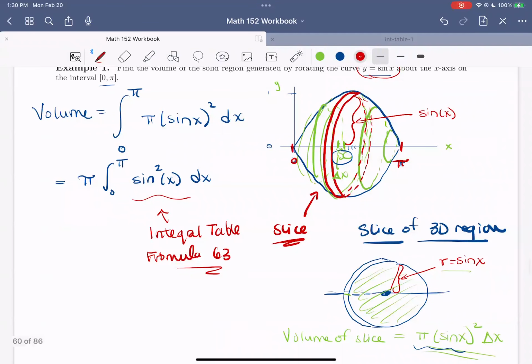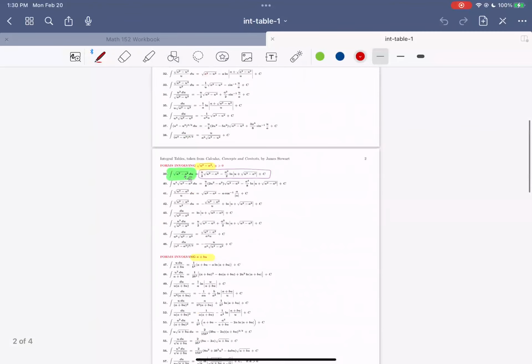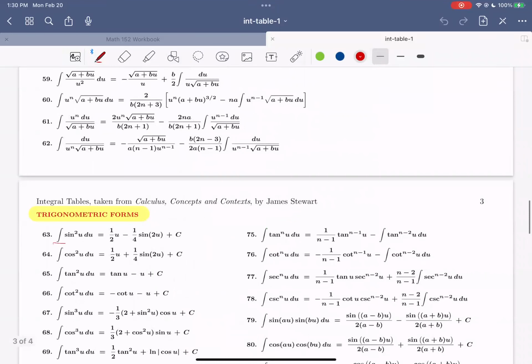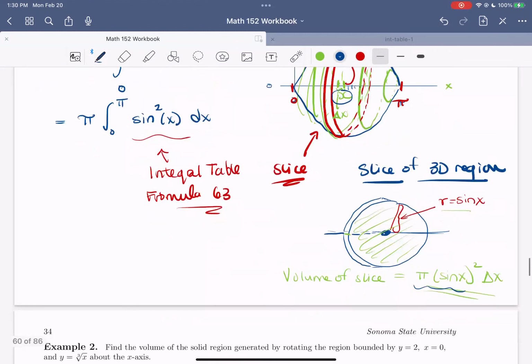We can go ahead and refer back to that integral table. So we see 63 is sine squared u. So we get 1/2 u minus 1/4 sine 2u. I'm going to go ahead and copy that down. Feel free to get out your integral table so that you can follow along and check my work.